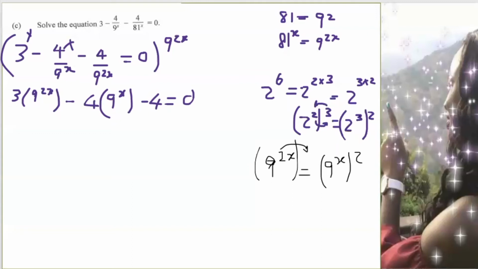I'll just show it with numbers: 3 times 2 and 2 times 3, same thing. So 9 to the power 2x is the same thing as 9 to the x all squared. So I will replace here with 3 open bracket 9 to the power x close bracket all squared, and everything else remains as is.